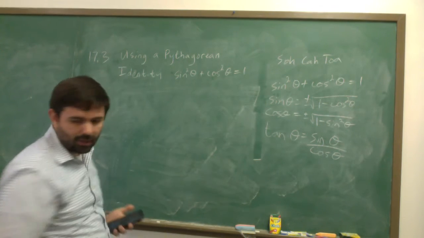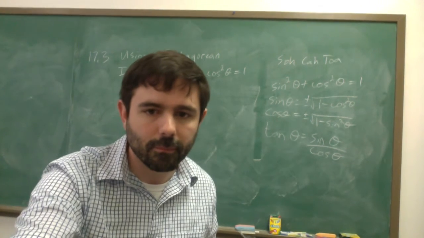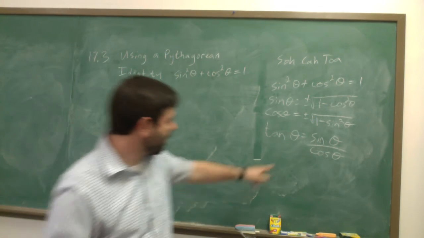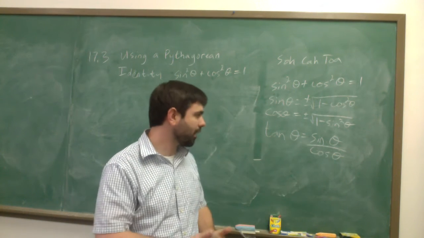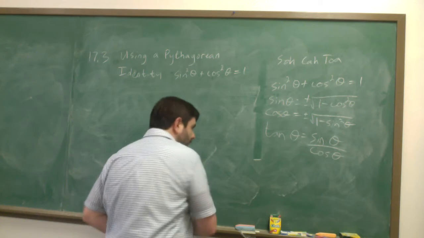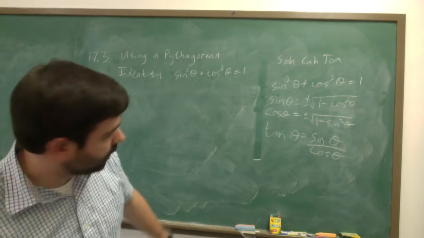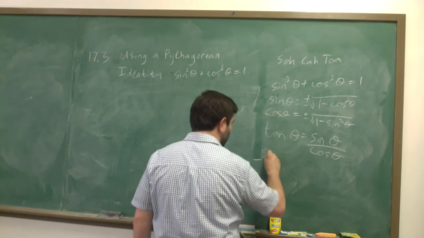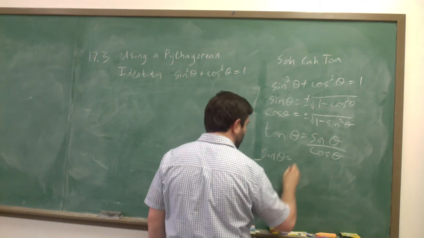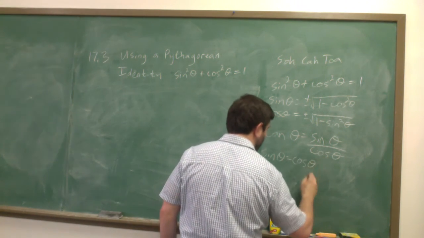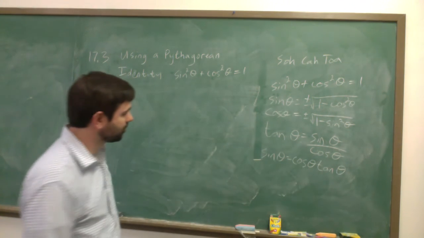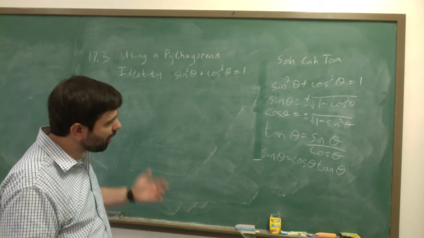Okay, so let's look at our tangent now. We said that tangent of theta equals sine theta over cosine theta. Okay, this is true. We can also solve this for sine. Multiply both sides by cosine. Sine theta equals cosine theta times tan theta. Okay, not too bad.